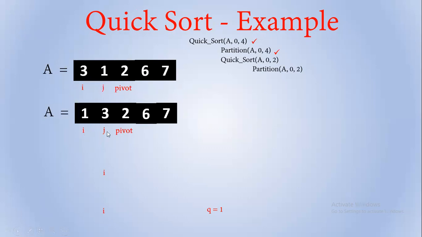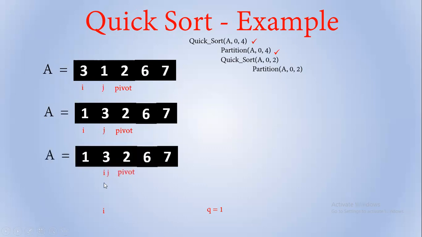Still I is less than J, so we have to go back to the while loop. Then check whether A[I] is less than pivot. Yes, now A[I] is 1, and 1 is less than 2. Then I will be incremented to 1.